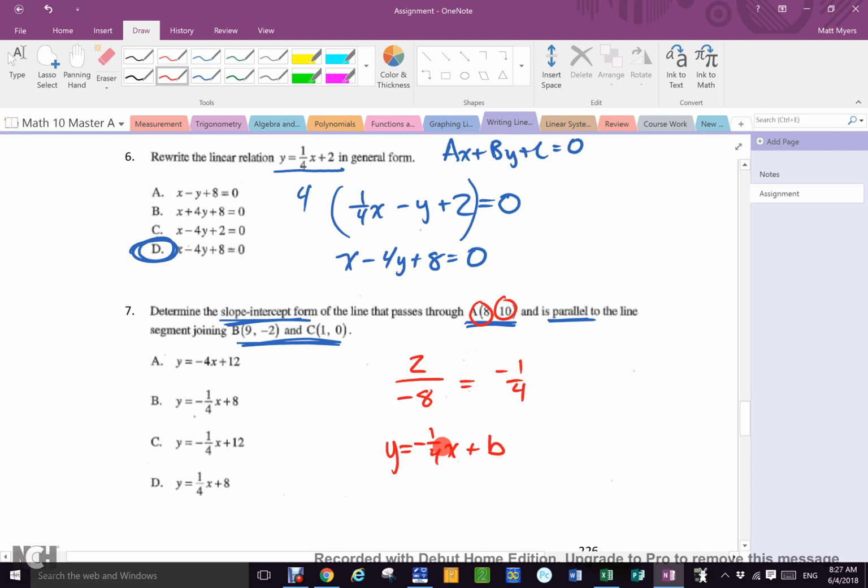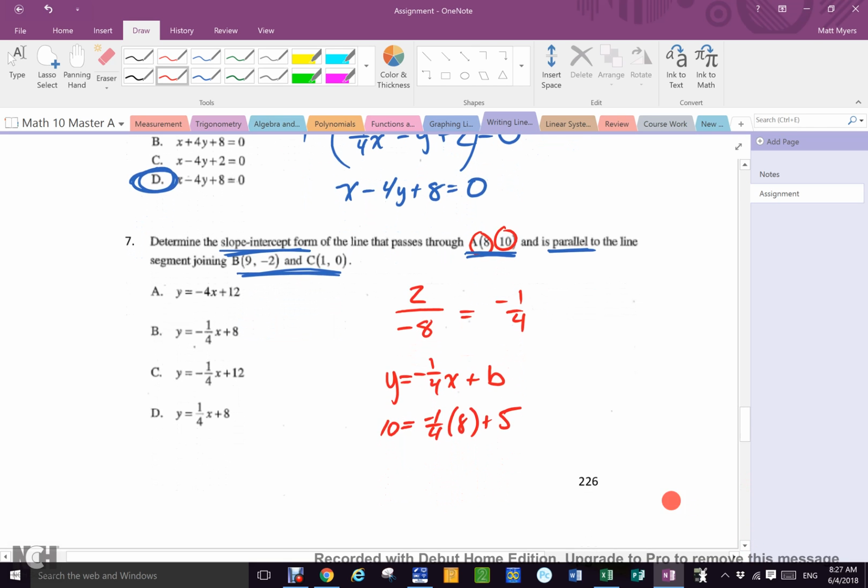I don't care which way you do things. I'm going to use this. 10 equals -1/4 times 8 plus b. 1/4 of 8 is -2. 10 equals -2 plus b, plus 2. 12 equals b. C.